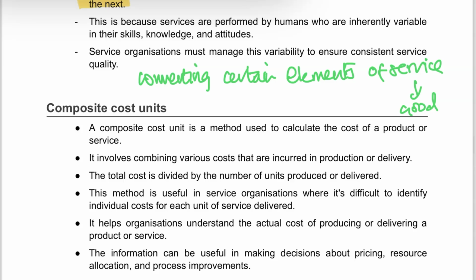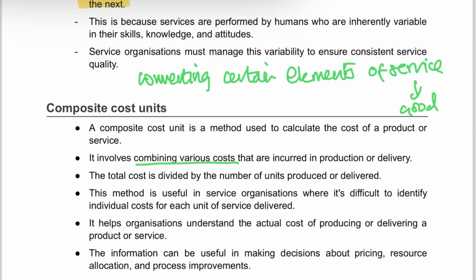Then we come to the concept of composite cost units. Now this is not unique just to service costing. Here we're simply referring to calculating the cost of a product or service by combining various costs, not just one cost.